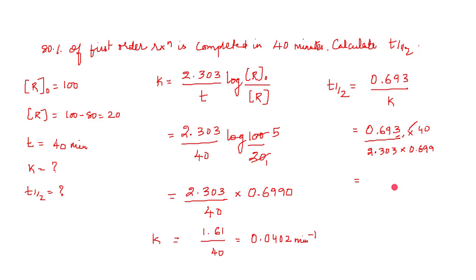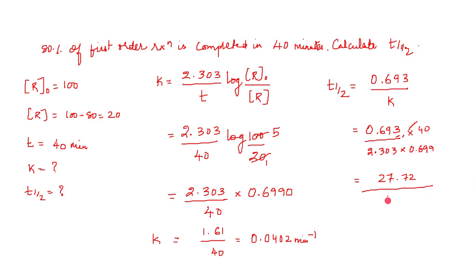When you calculate, what happens? 0.693 into 40 is 27.72 divided by 2.303 into 0.699.